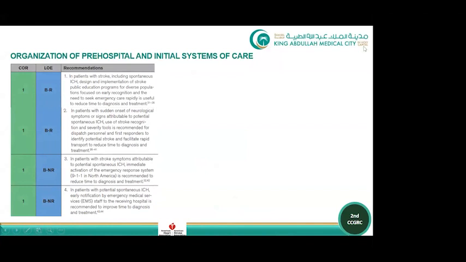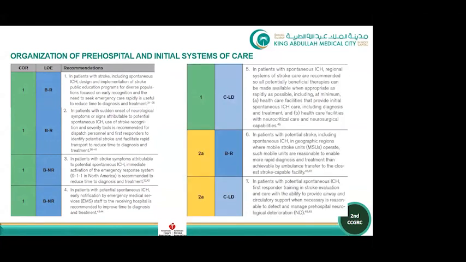We will go through different questions and points. Regarding the organization of the hospital and initial assessment of care, there is a class one recommendation with a good level of evidence. There should be awareness and education for care providers, and the use of acute stroke scales in the pre-hospital setting can improve transfer and early initiation of management for this patient population.